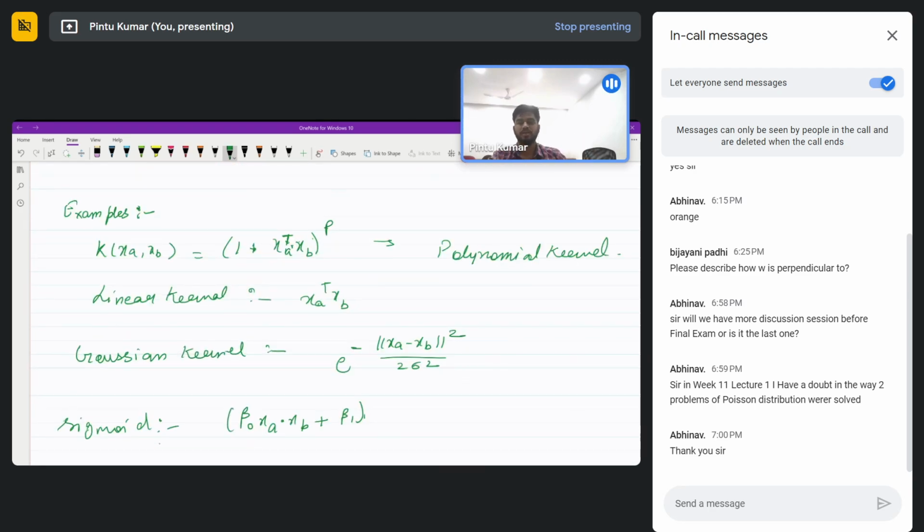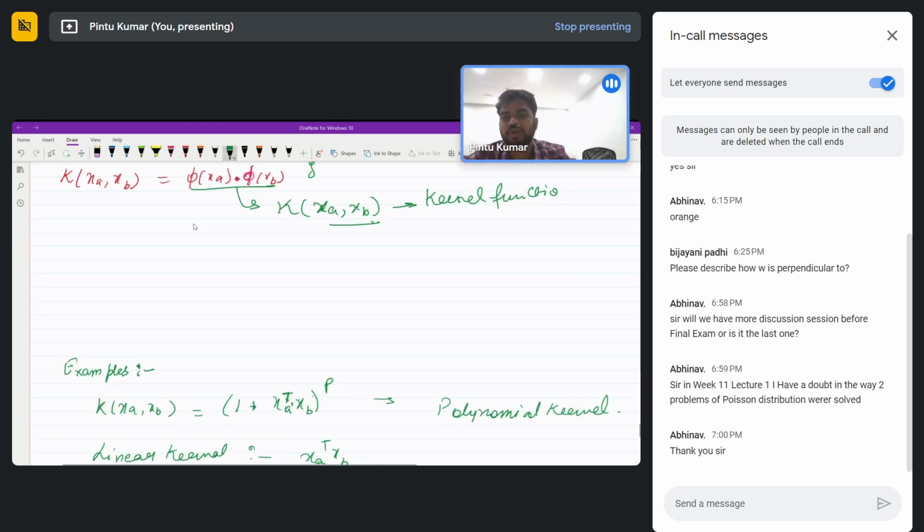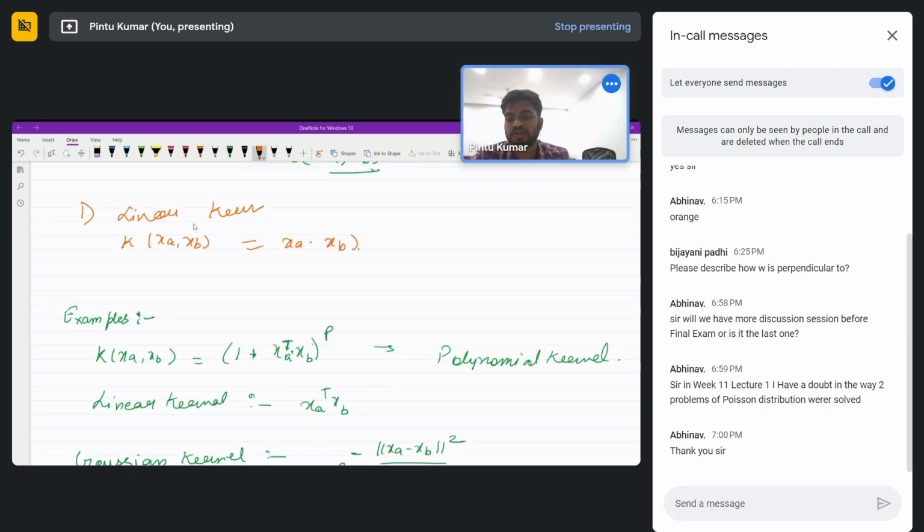Here are some common or useful kernel functions that you can use in your problems. First, I'll introduce a simple one, that is your linear kernel. Linear kernel is nothing. If you have a kernel between xa and xb, it's same as xa dot xb. This does not make any difference.